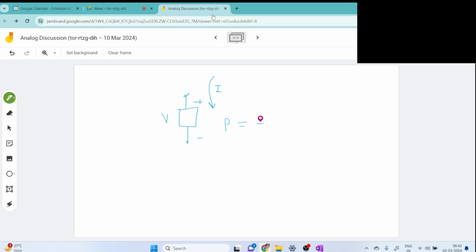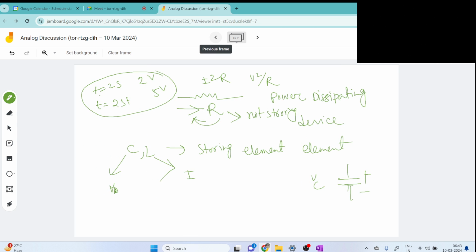So I am asking, is there any case for a passive element where P can be minus VI? Yes, this is the case for capacitor and inductor.